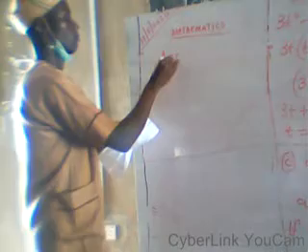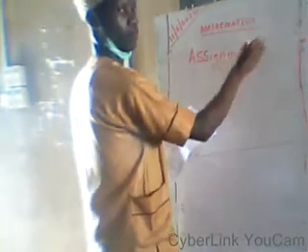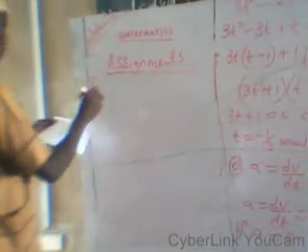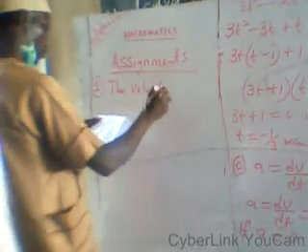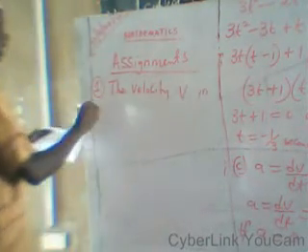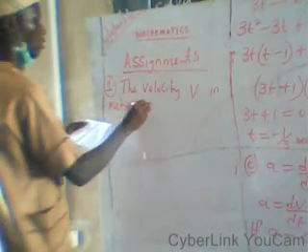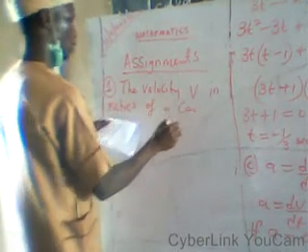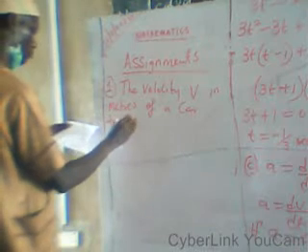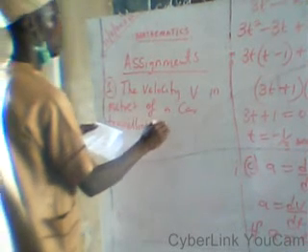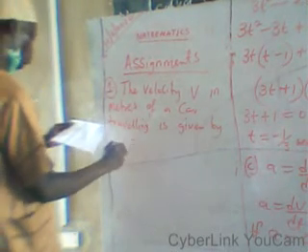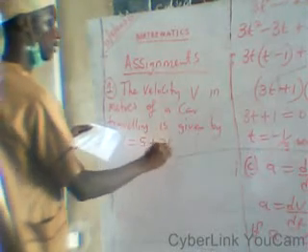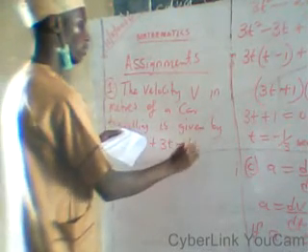So assignment. The velocity v in meters per second of a car traveling is given by v is equal to 5 plus 3t minus 1 over 2 t squared.